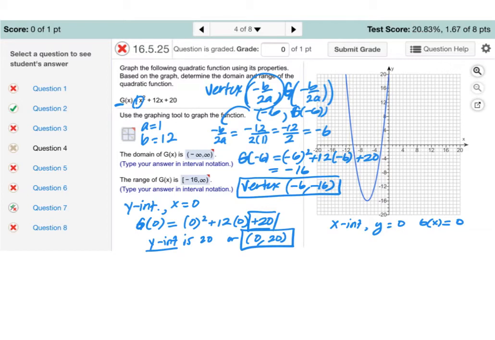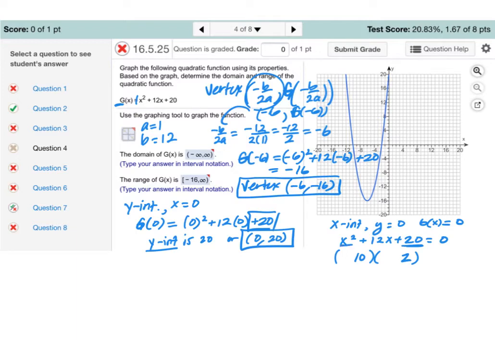And so here, if my g of x is expressed as x squared plus 12x plus 20, we'll say that x squared plus 12x plus 20 is equal to 0. Okay? And so here, if I factor this, two numbers we multiply to get 20 that also add up to 12 will be 10 times 2. 10 times 2 is 20. 10 plus 2 will be 12.